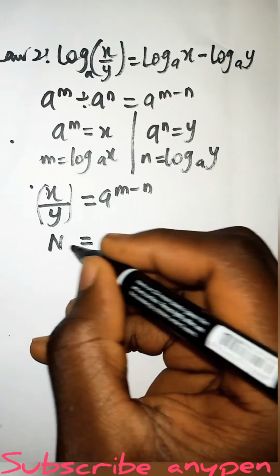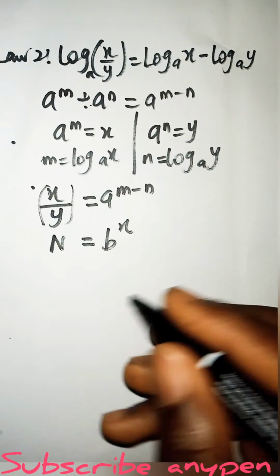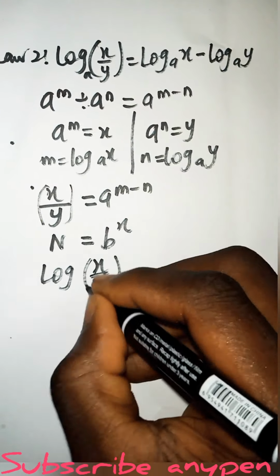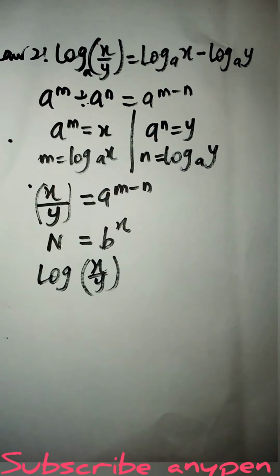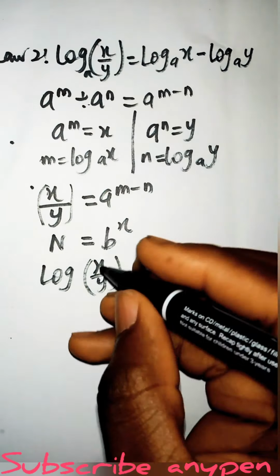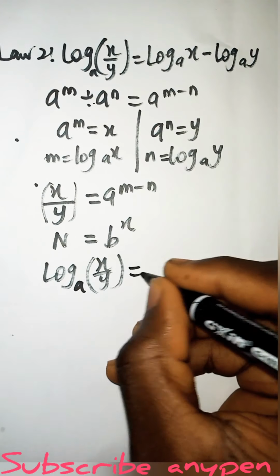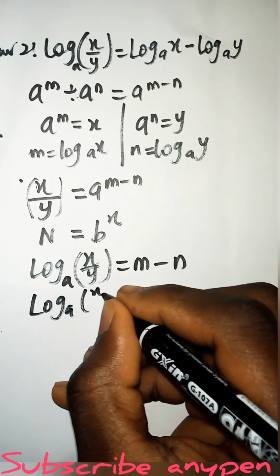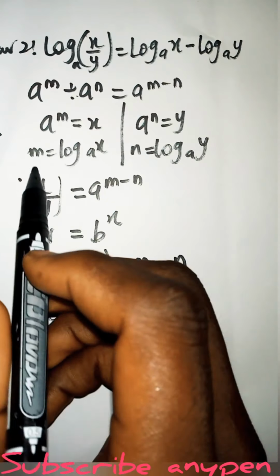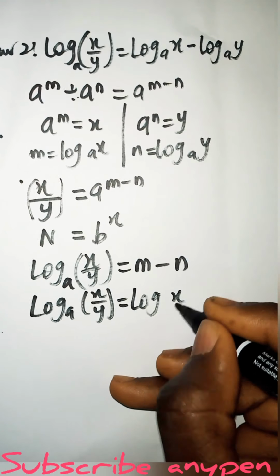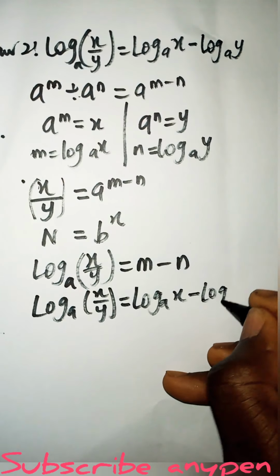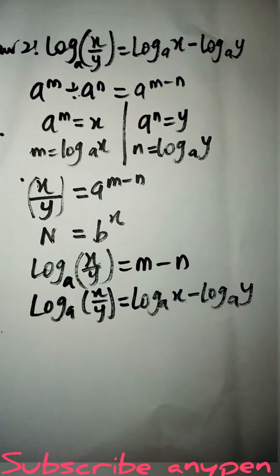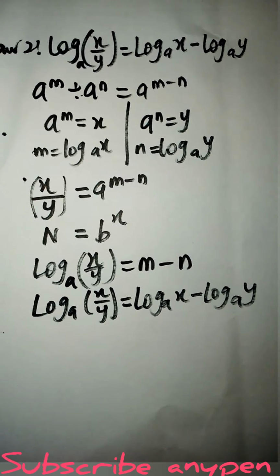If we compare this, we have log x over y base a equals m minus n, and m minus n is log x base a minus log y base a. So that's the proof of the second law of logarithm.